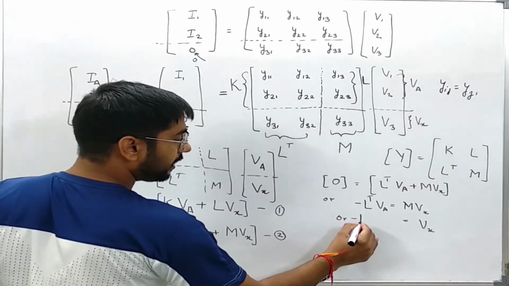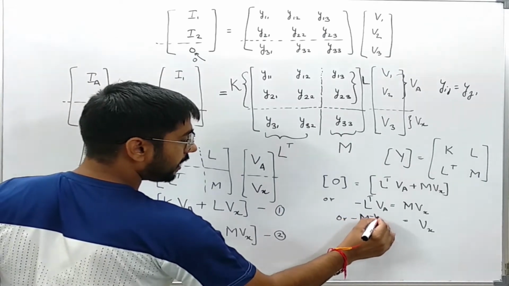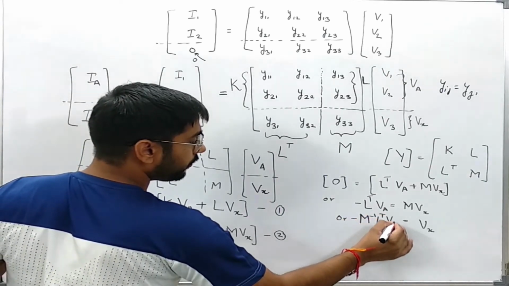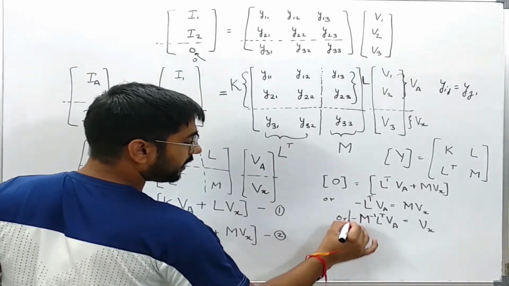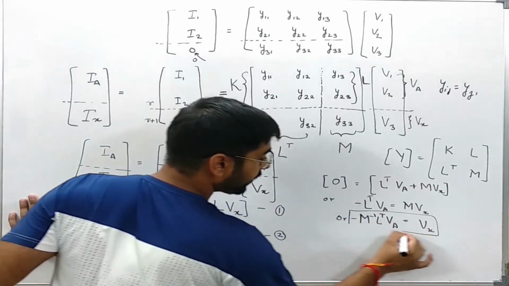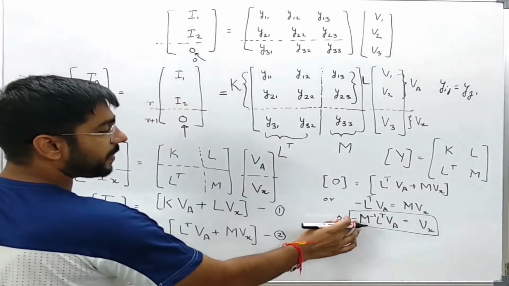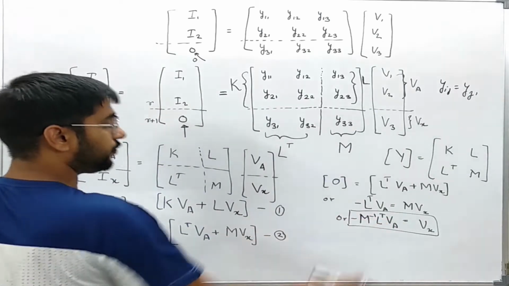So from this I have got this equation, Vx is equal to minus of M inverse L transpose VA.